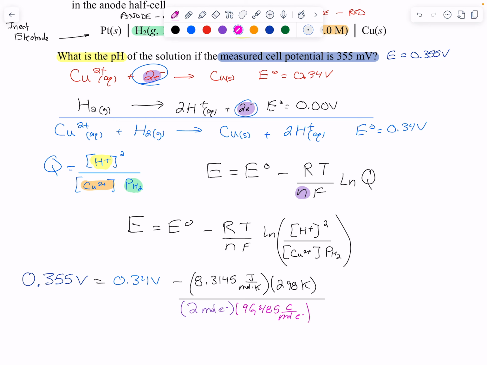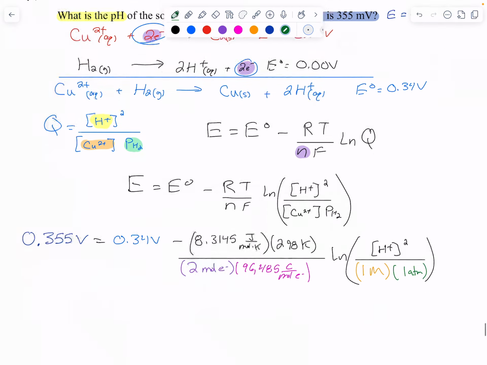And then we have the natural log. We're looking for the concentration of H+. We got copper at 1 molar, and we have pressure as 1 atm. Well, how about that? That makes it nice.